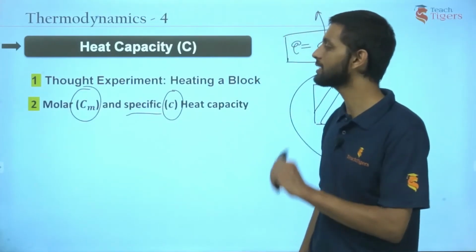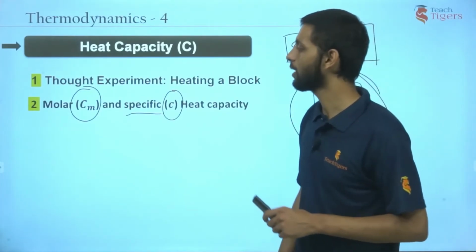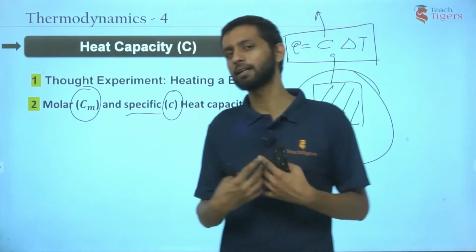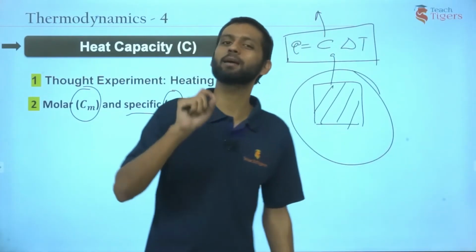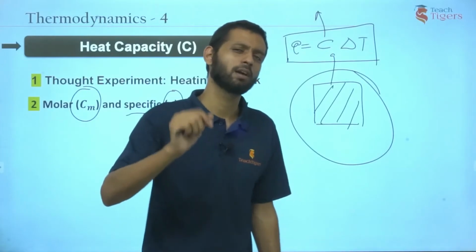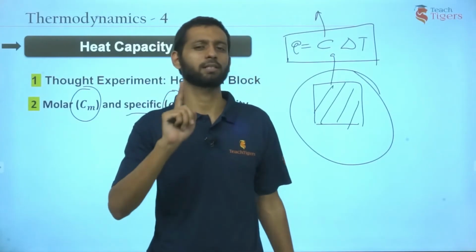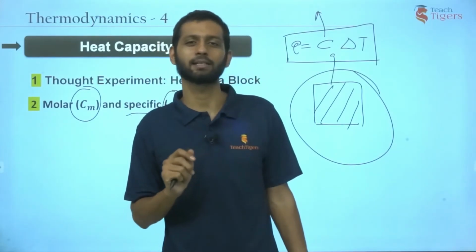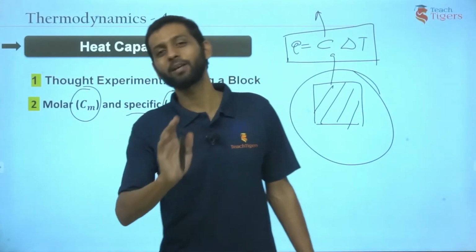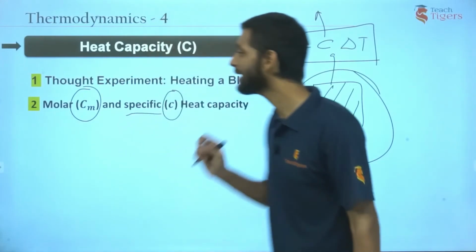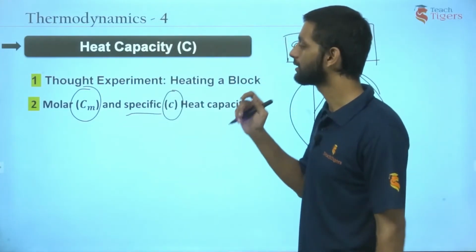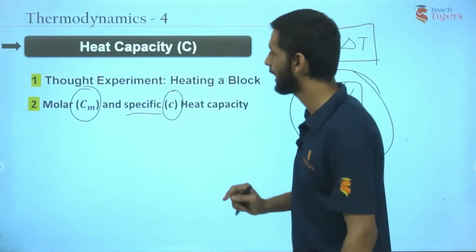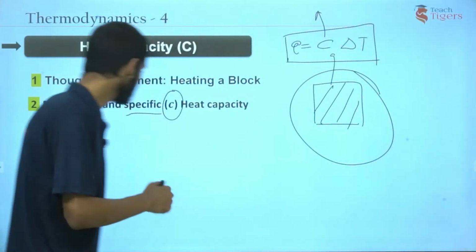Molar heat capacity, if I were to quickly define it, is the heat required to change the temperature of 1 mole of a substance by 1 unit degree Celsius, 1 unit temperature. I can write the formula for this as well.